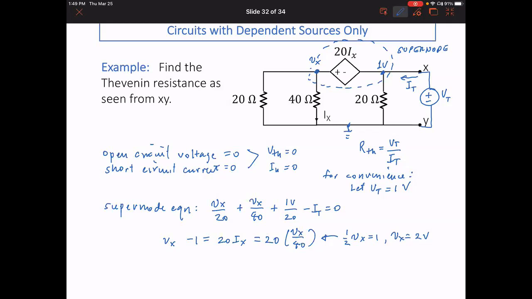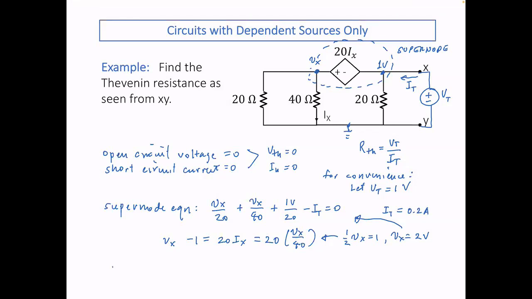So if I plug this V of x up here, I'm going to get I of t is equal to 0.2 amperes. So finally, RTH is just V of t over I of t. V of t is 1 volt. Remember, we said let V of t equal to 1 volt. I of t is 0.2 amperes. So I'm going to get 5 ohms.